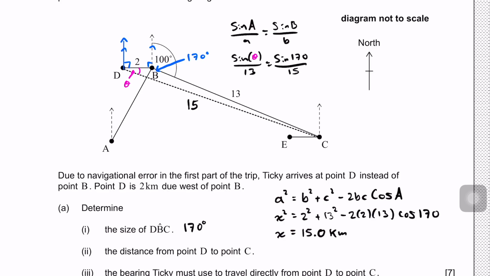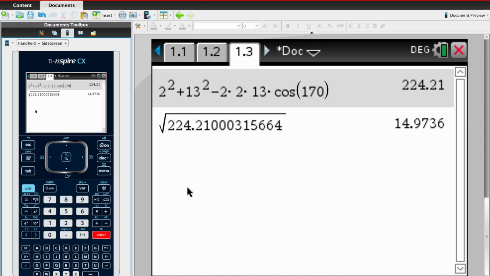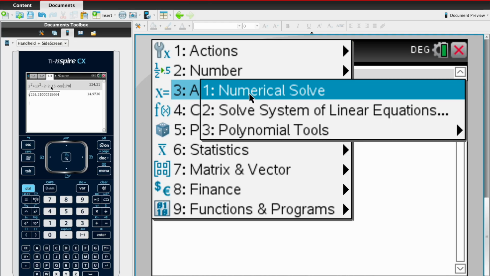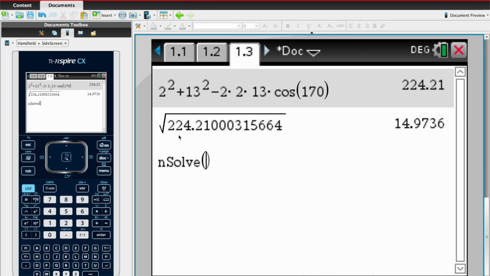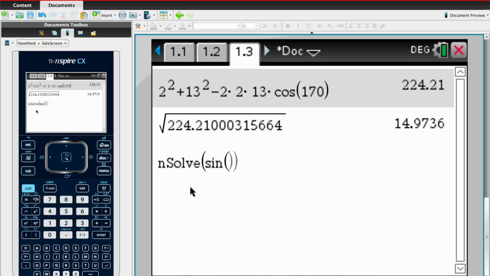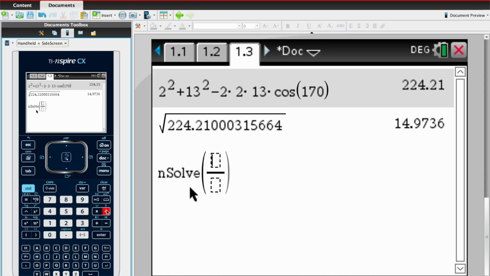Let's go ahead and, for this, I think we can numerically solve. So going back to the calculator here, menu, algebra, numerical solve. Let's set up an equation. Let's use sine x. That should be fine. Need to set up a fraction first.